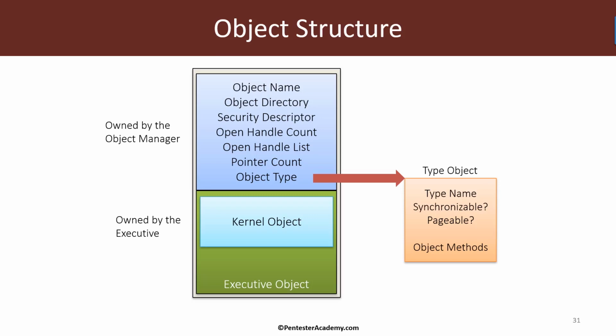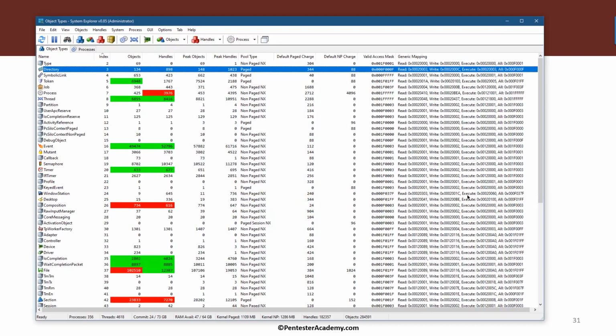If you want to see that, we can go ahead and look at these things using the debugger, but let's start with standard tools. First we have a tool called System Explorer. This is one of my own tools. You can find that in my GitHub repository. You can see here all the various types of objects supported on my system.